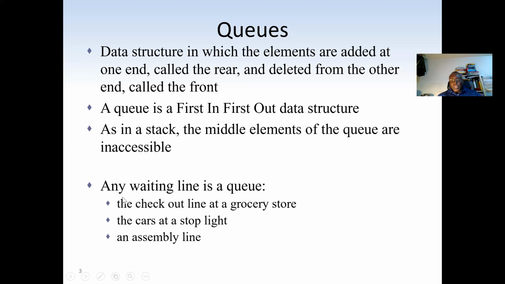So an example here, as we said, can be a checking out line at a grocery store or in a bank. In a bank or a grocery store, I will join the line from the back and I will come out from the front. Another example is the cars at a stop line. The car in front will go first before the car that follows when the light turns to green.